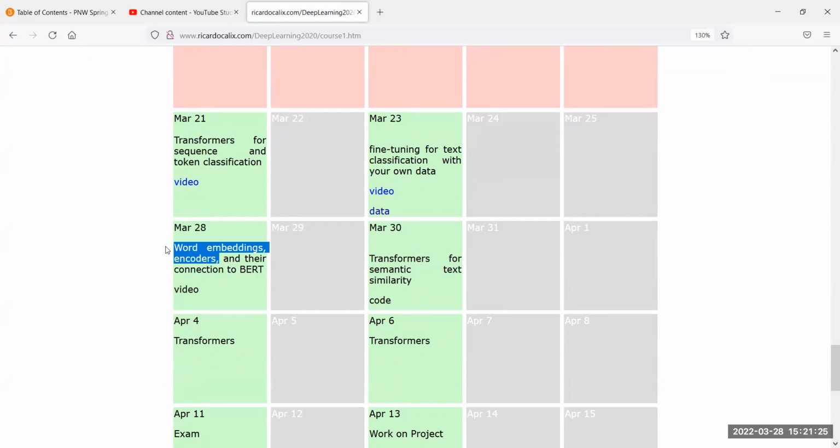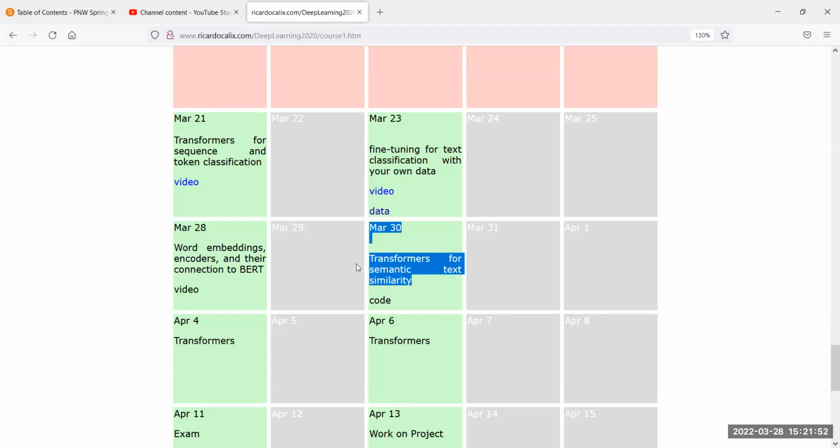So like the classical word2vec, all right, and encoders, etc. BERT, in a sense, is just a big embedding machine. Okay, so it's a big embedding machine which uses the ideas of the transformer, in particular, the encoder and the attention mechanism that we described last week.